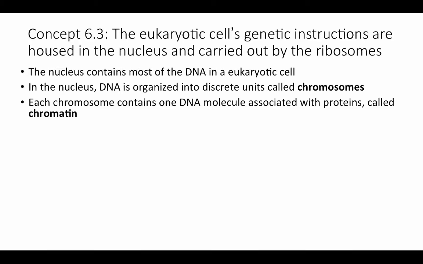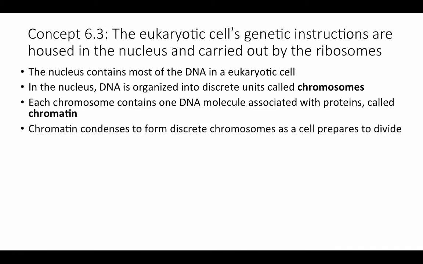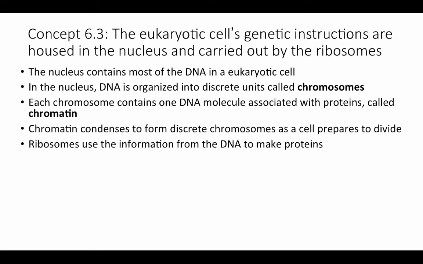Most of the time in the cell cycle, the chromatin just looks like a diffuse cloud if you visualize it, except when that cell is about to divide, and that's where it condenses down into these discrete chromosomes, which are these little structures with the center and the tails on each side that we're used to thinking of as chromosomes. So the ribosomes use the information from the DNA to make proteins using an RNA intermediate.